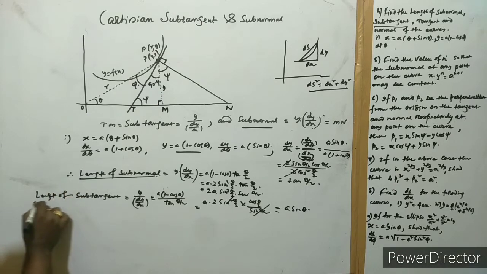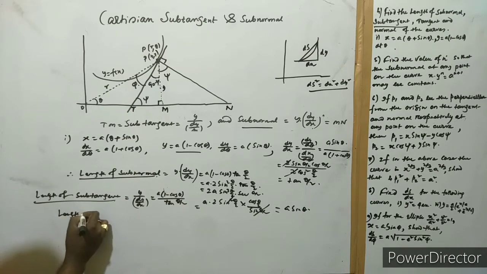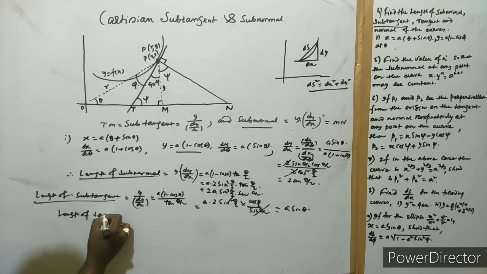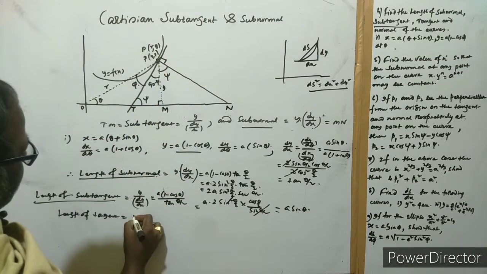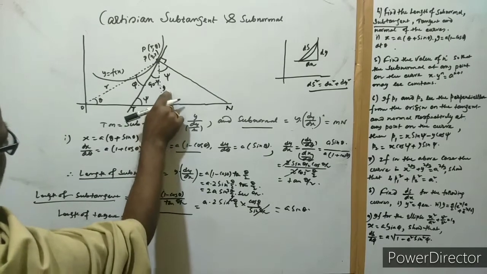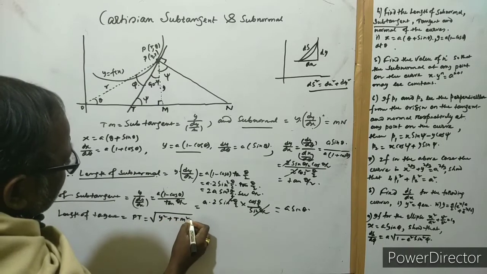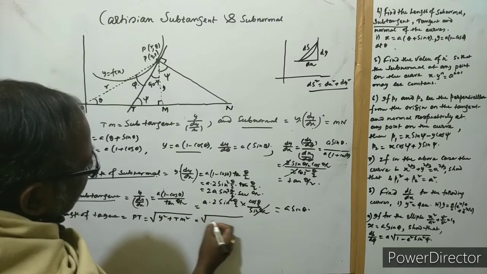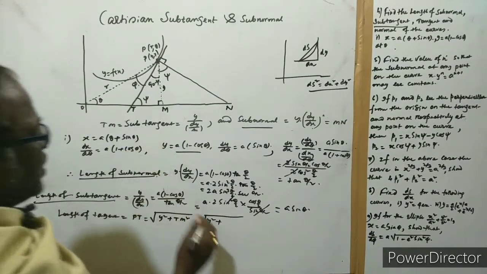Now we have to find the length of tangent. Length of tangent is PT, that is under root y square plus TM square, where TM is the length of subtangent.